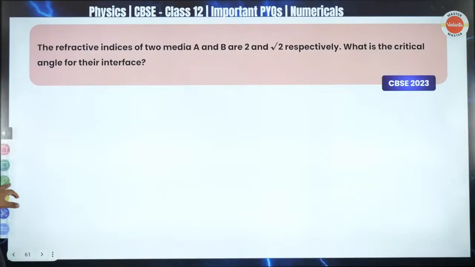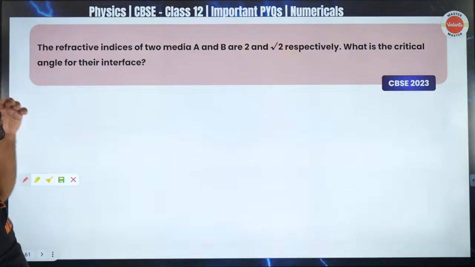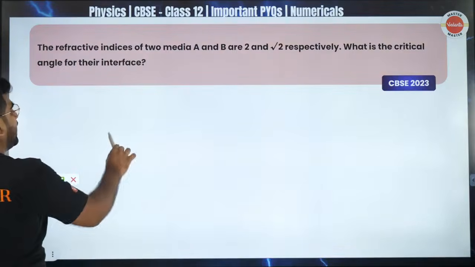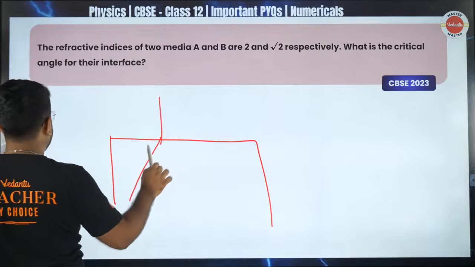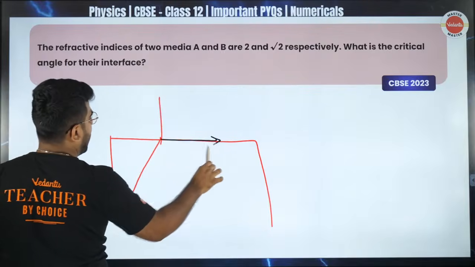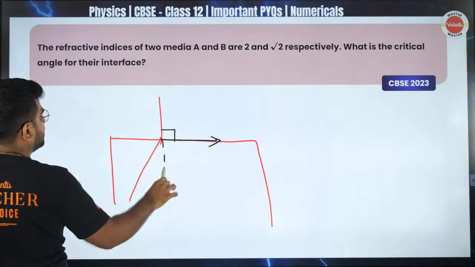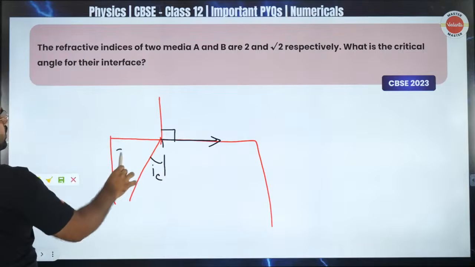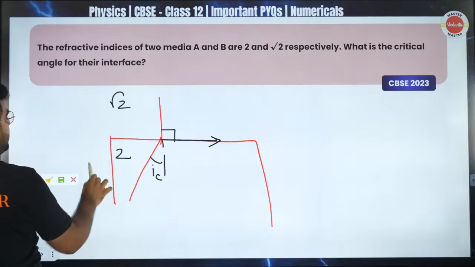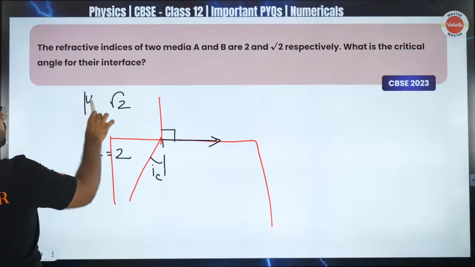The refractive indices of two media are 2 and root 2. What is the critical angle? At critical angle, your angle of refraction is 90. So light goes from denser to rarer. Denser is 2, rarer is root 2.